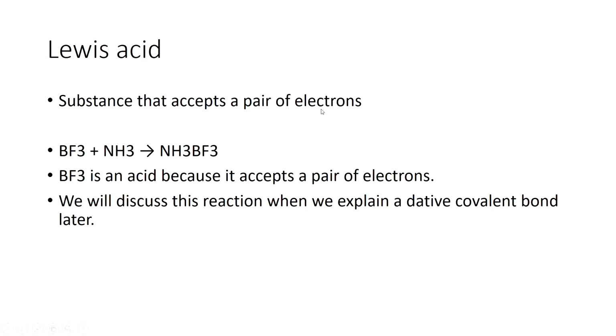The other one said an acid is the one that donates, right? So that's what Bronsted said. And then Arrhenius would say it is that substance that increases the concentration of a hydrogen ion, you see. So that is just one.